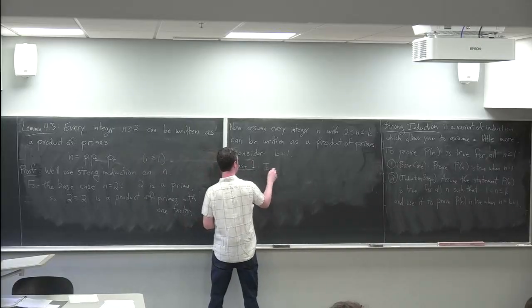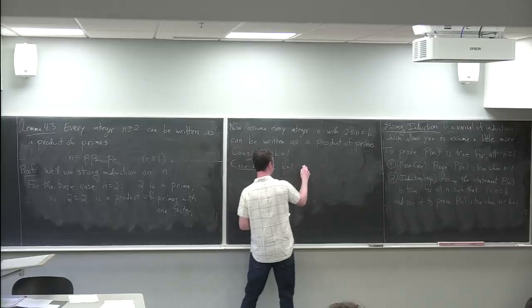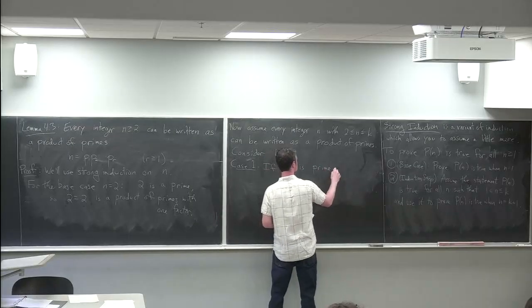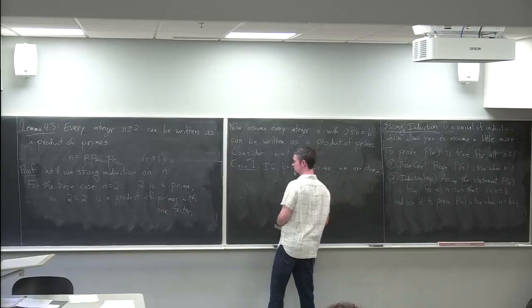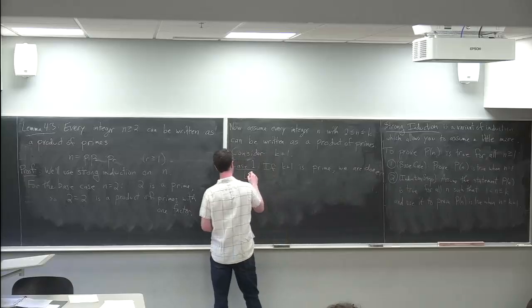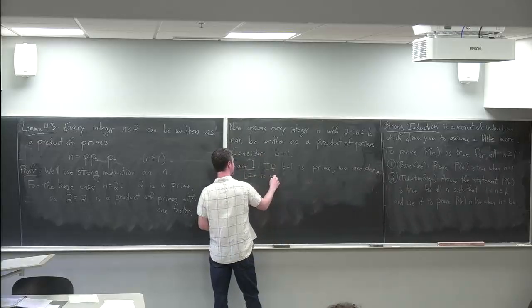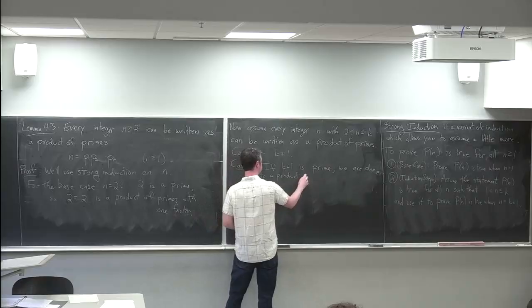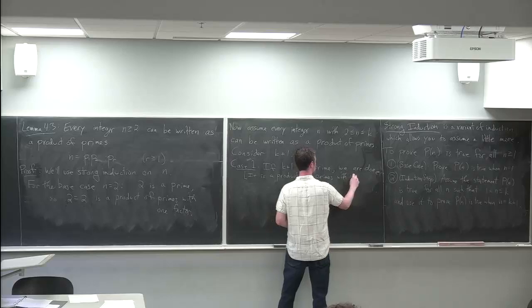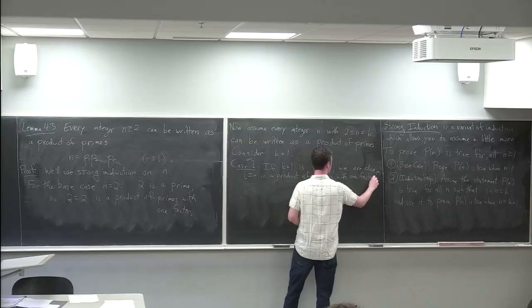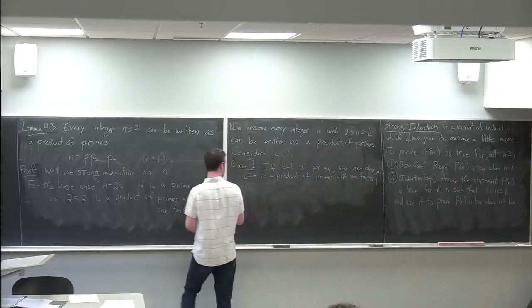Okay, so if k plus 1 is already prime, we're done. Okay, and it's the same argument as this. So let's just say it is a product of primes with one factor. Okay, so the theorem is established in that case.